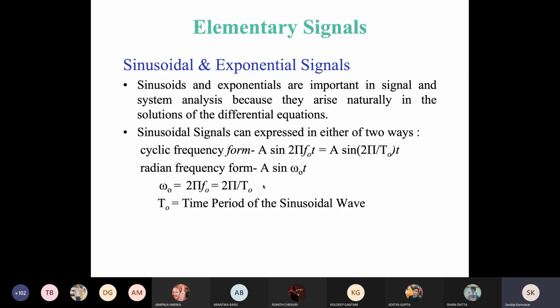T0 is called the time period of the sinusoidal wave. So you have the sinusoidal signal A sin 2 pi f0 t or A sin omega 0 t.